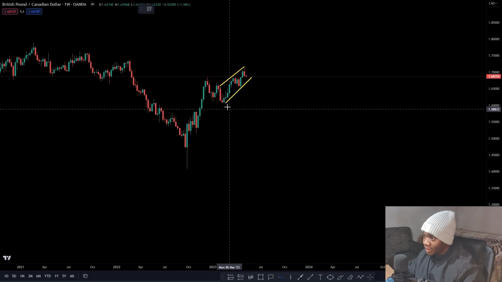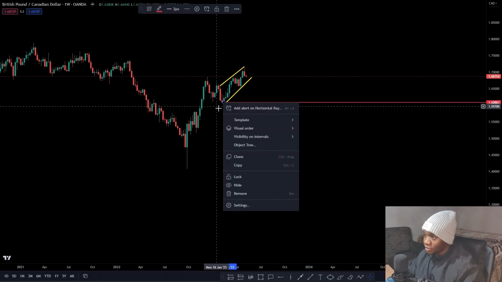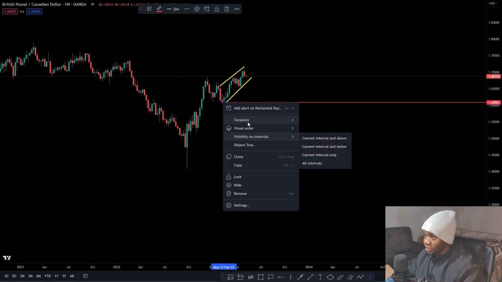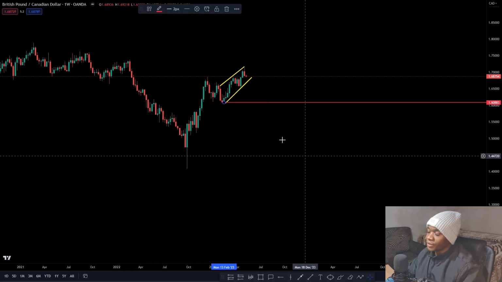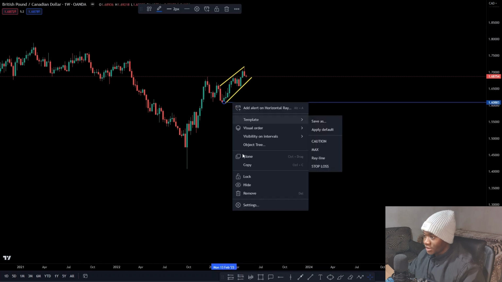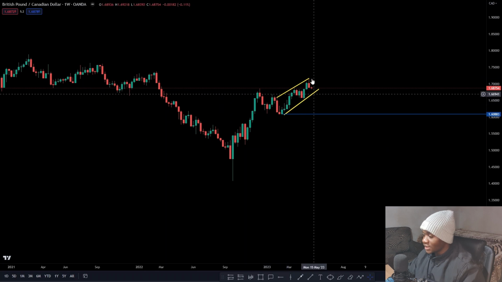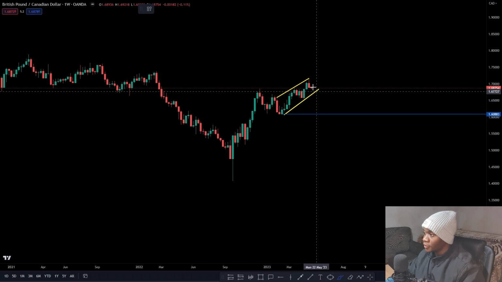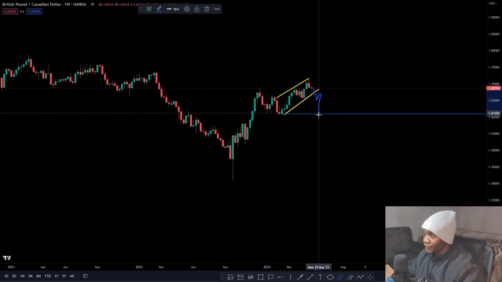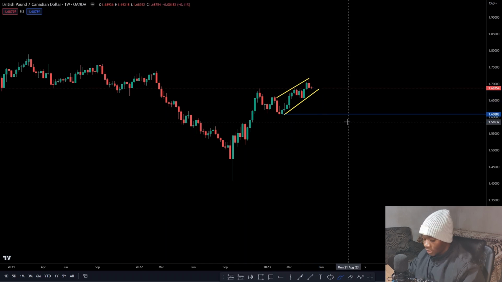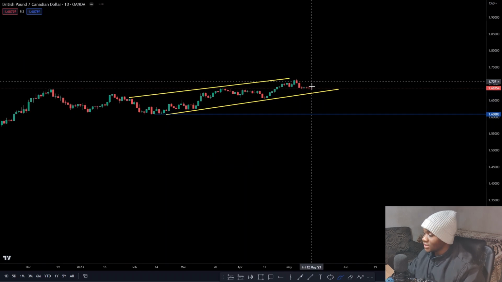So if I connect the 90% zone, okay, where's the template? Yeah, template. So yes, that's the ray line. As it stands, looking at this ascending channel, I will be looking for those sells coming down till it hits that zone, and then moving over to the daily time frame.